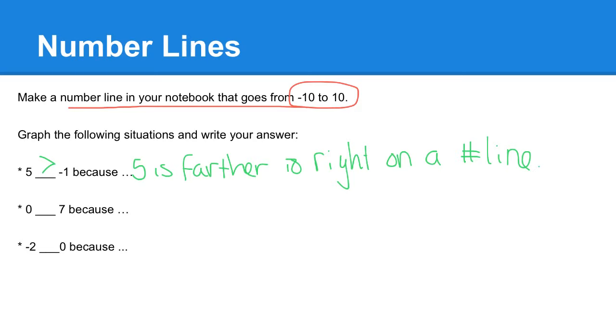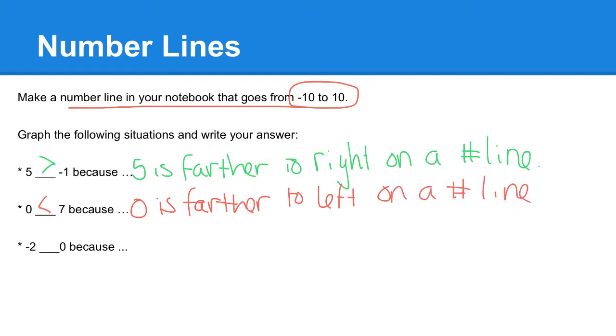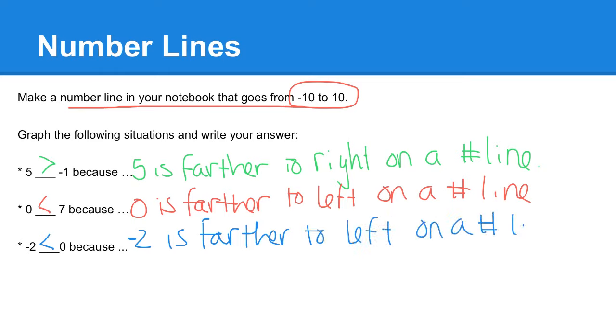The second one, 0 is less than 7 because 0 is farther to the left on a number line, and numbers that are to the left are lesser or smaller. All right, last one. Negative 2 is less than 0 for the same reason. Negative 2 is farther to the left on a number line than 0 is.